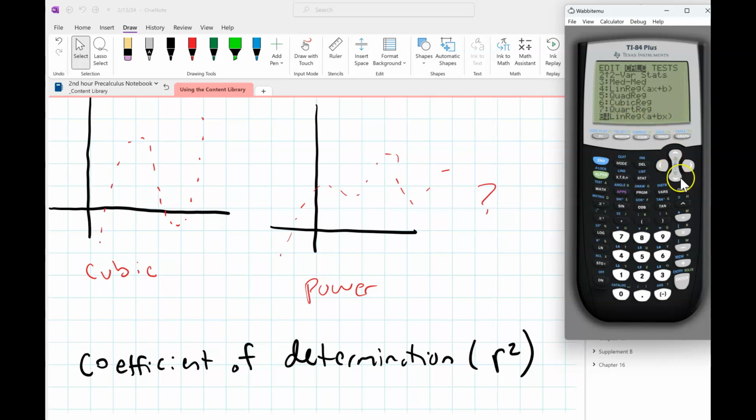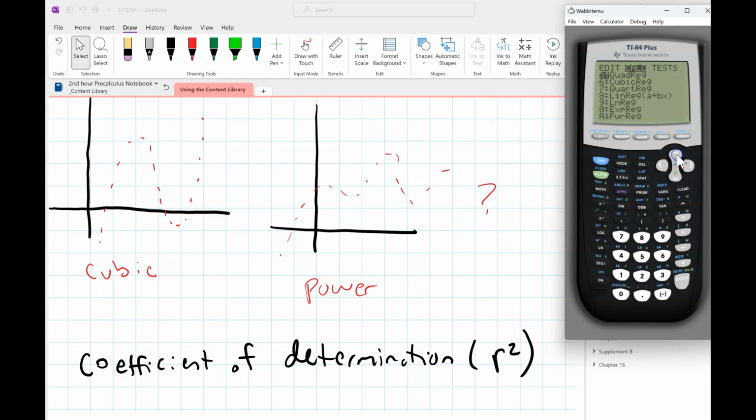I don't know why they have two ln reg versions on here. This is a logarithmic. ln reg is for logarithmic regressions. Exponential reg, power regression, logistic regressions. We'll talk about that later. And they even have trigonometric ones like sine, and then they have a manual fit option. I've never actually tried to use that.